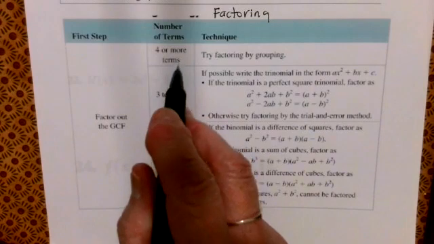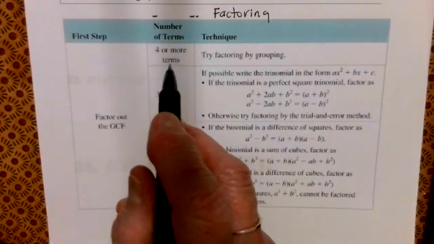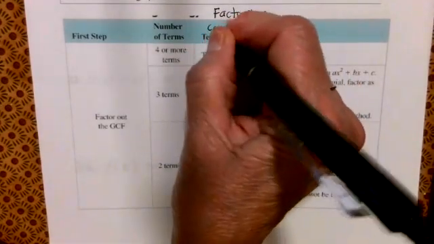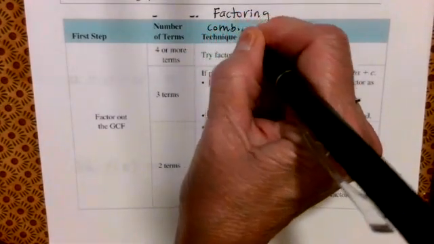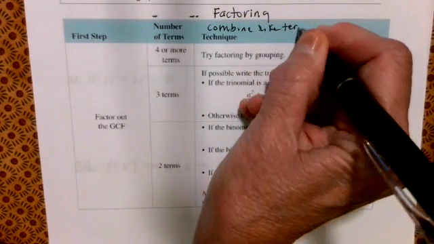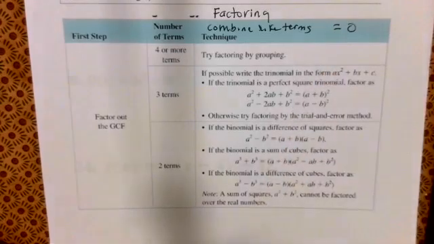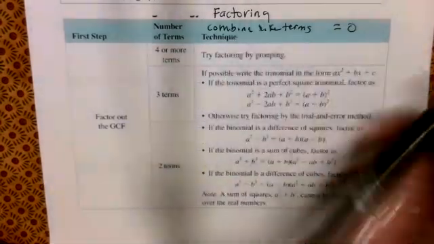If you have 4 or more terms and you've already combined your like terms, so you should always combine like terms at first, okay? And you should also get it set equal to 0, at least for this.